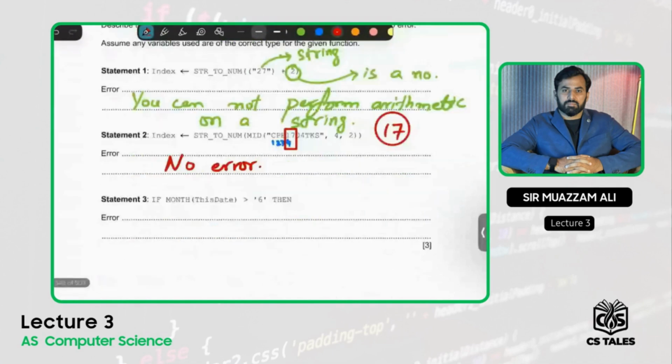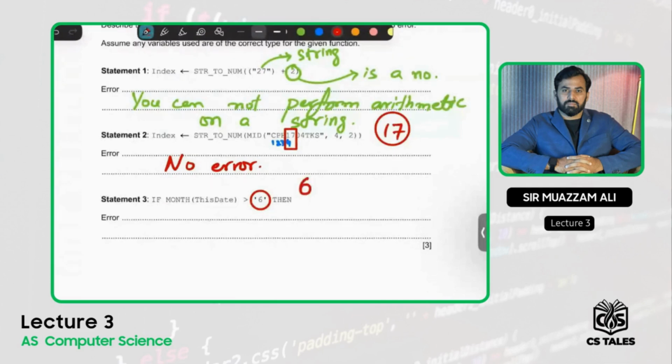Next, if month this date greater than 6, then basically it is returning an integer and this is being compared with a character or string. So an integer cannot be compared to a string. The same thing that we are talking about. If 6 is a string, both sides of the comparison must be the same data type. You can replace this one with 6.